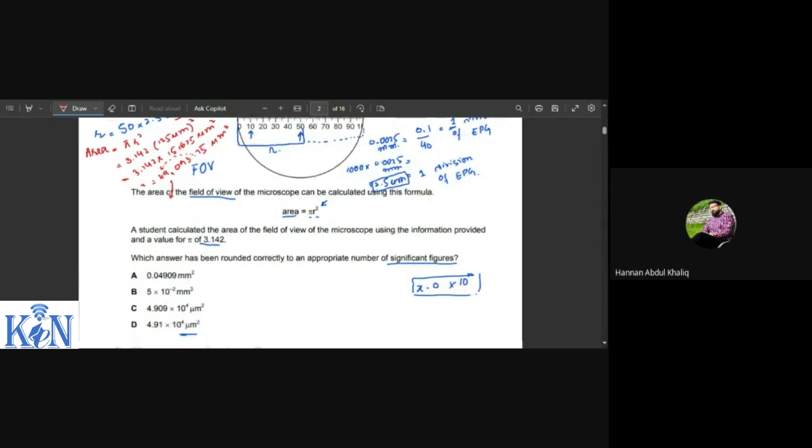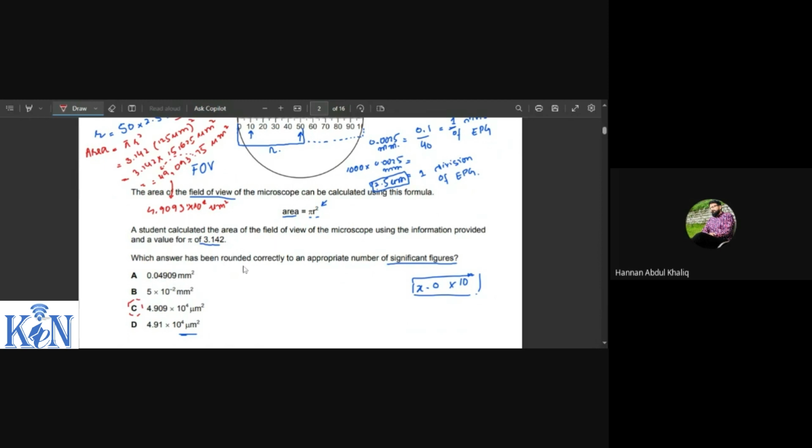Once we move it to the left, it's going to be 4.9093 into 10 raised to power. How many positions did the decimal move? 1, 2, 3, 4. So 4 micrometer square. It looks like this is the answer. But remember that we need to shorten it.